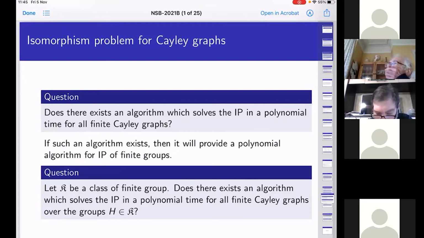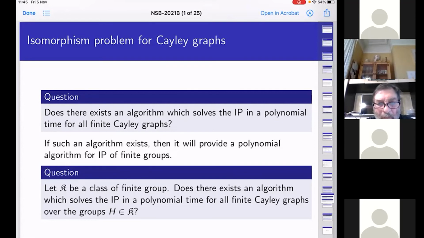So we can take a more modest problem. We can take a class of finite groups and hope to build an algorithm which solves the isomorphism problem for Cayley graphs in polynomial time. So if I know that my group is CI, then the isomorphism problem is easy. I have to check all the automorphisms.